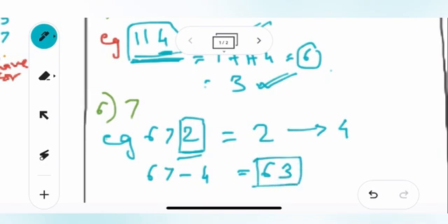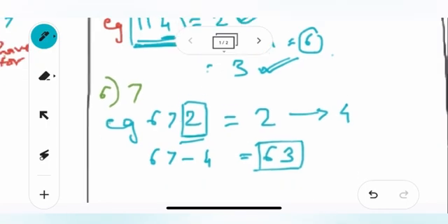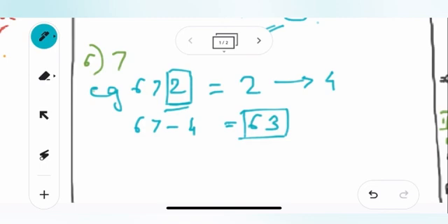So this 63 should go in the table of 7. Does 63 go in the table of 7? Yes, 7 nines are 63. That means this number is divisible by 7. The 672 is divisible by 7. So this way you will find the divisibility test for 7.